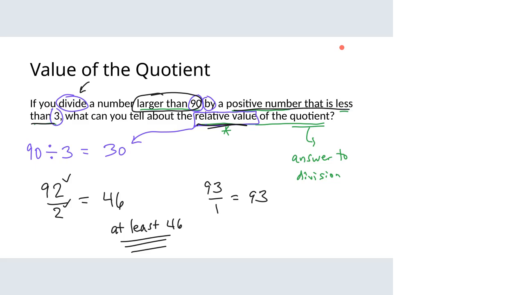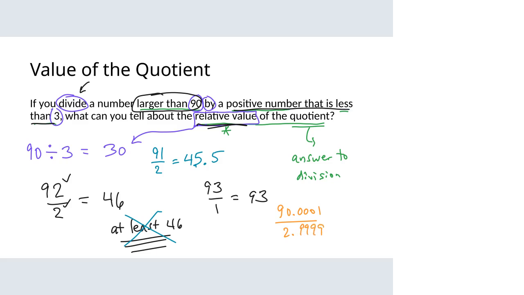91 divided by 2. That's an excellent example. If I do 91 divided by 2, I get 45.5. Oops. Well, that's not at least 46, so that blew at least 46 up. And how about if I go kind of obnoxious here? What if I go 90.0001 divided by 2.9999?